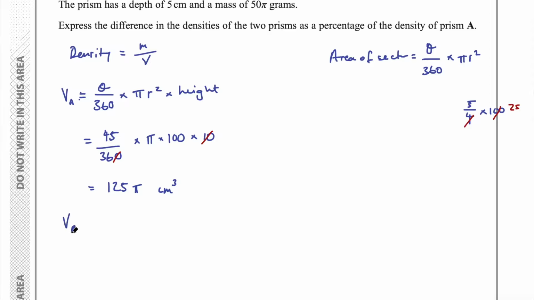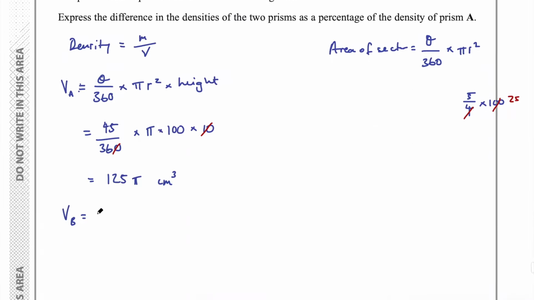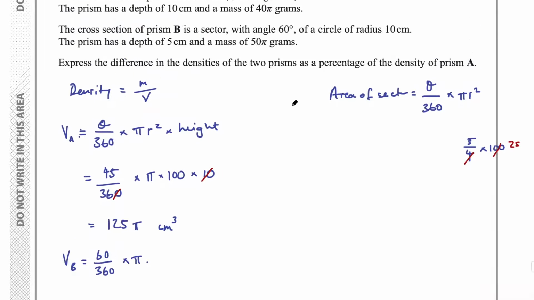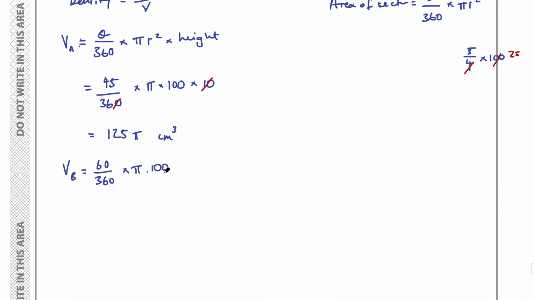Let's do the volume of B now. Again, using that same formula because it's the same type of prism. Take these values, so 60 degrees this time over 360, multiplied by pi. R is the same. Yes, the radius was the same, 10 squared, 100, and the height this time was 5.